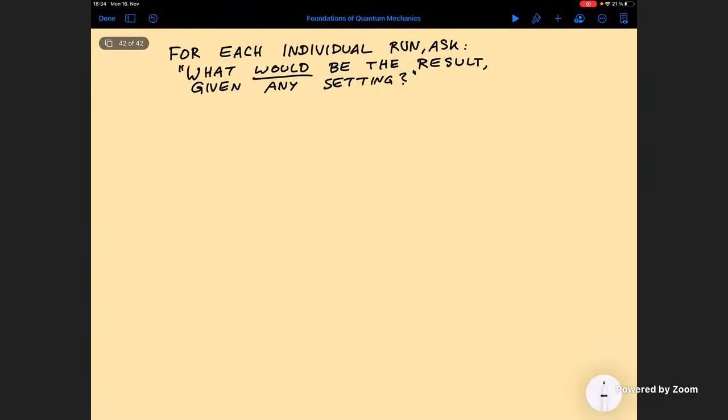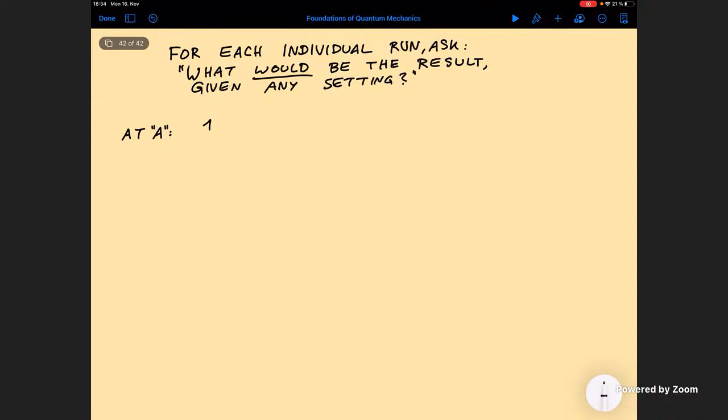So just to give an example and to make it very concrete, we could ask at this station A, if I now were to do a measurement on this object that is being received by A, and if I were to choose the setting 1, what would I get?